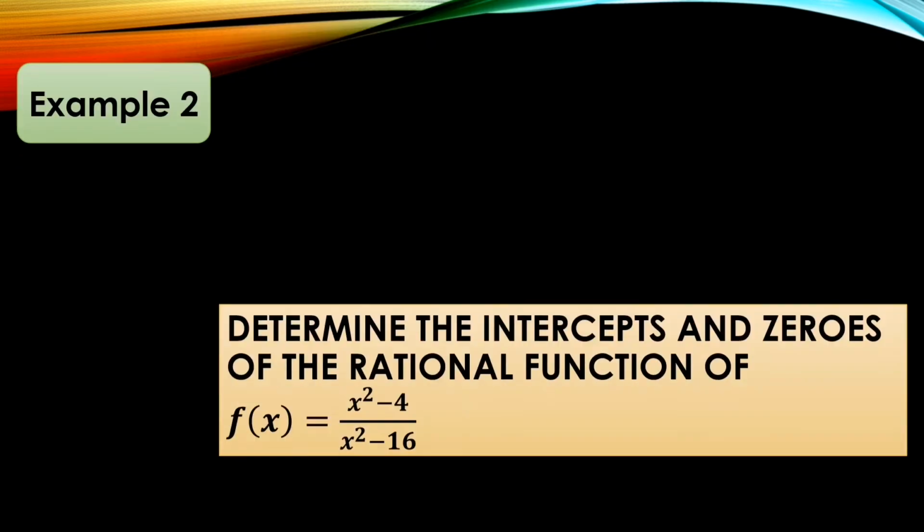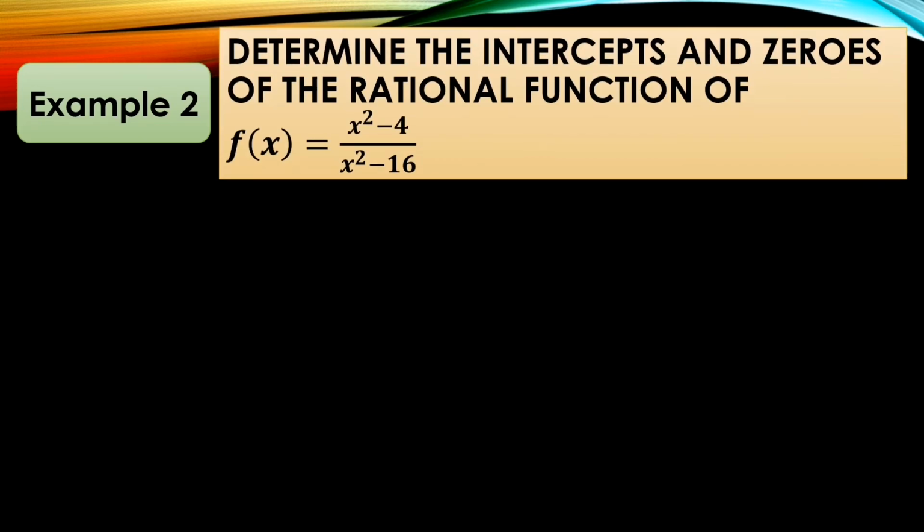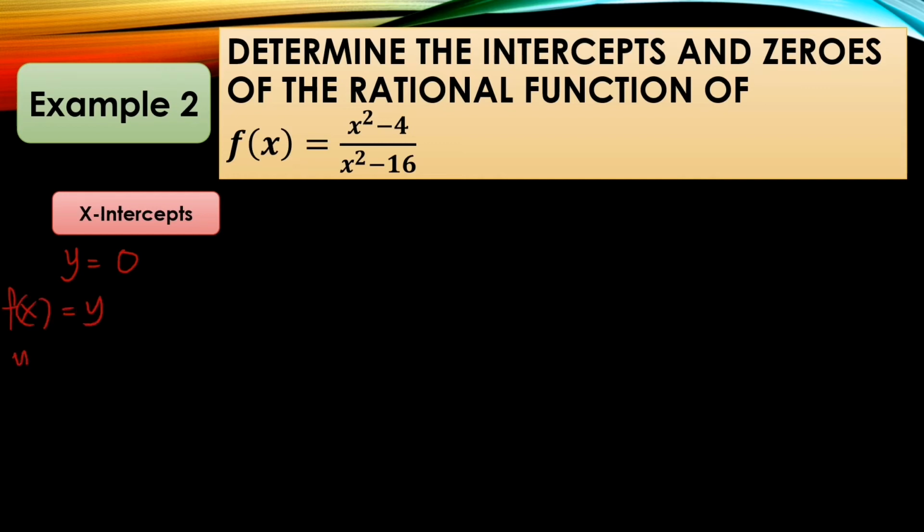Example number 2. Determine the intercepts and zeros of the rational function f of x is equal to x squared minus 4 over x squared minus 16. So again, find the x-intercepts. Let y is equal to 0. So your f of x will become y. So y is equal to x squared minus 4 over x squared minus 16. And equate your numerator to 0. That's why x squared minus 4 is equal to 0.